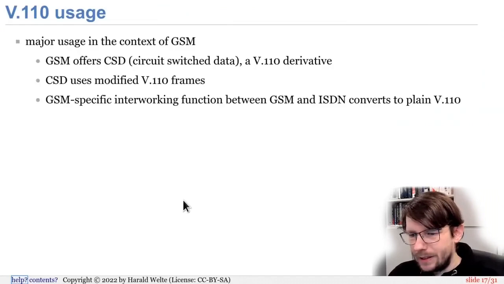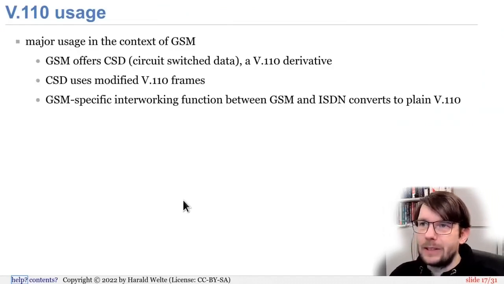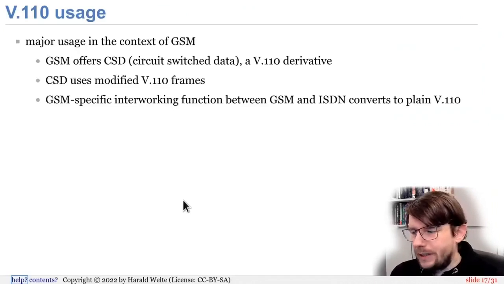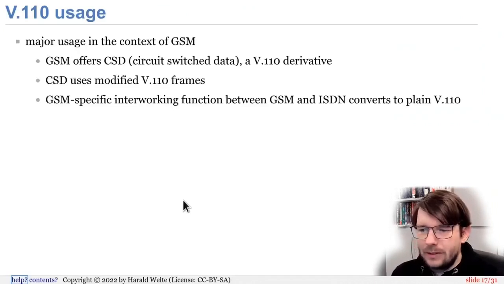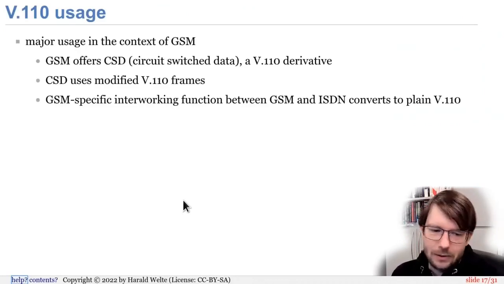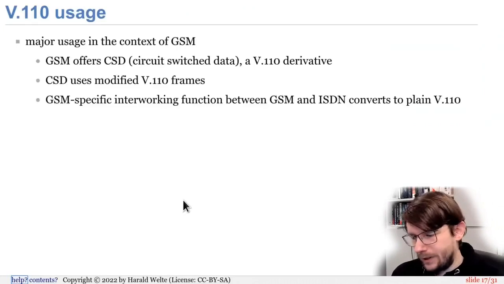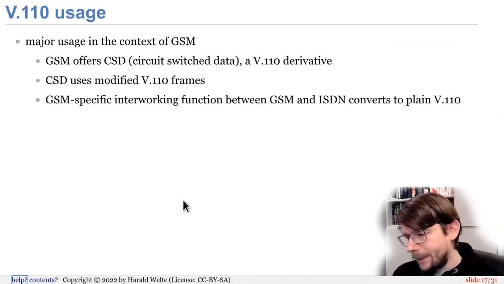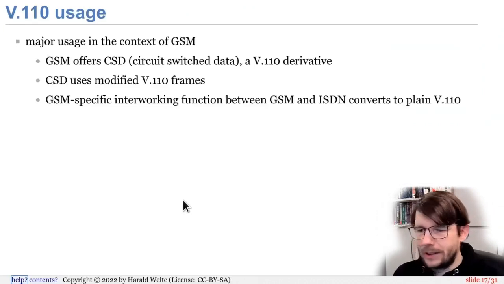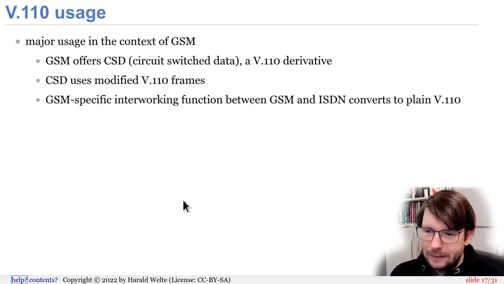GSM has this facility called circuit switched data, which is basically a V.110 derivative. So the V.110 frames are modified in some ways, and then the modified V.110 frames are sent over GSM radio channels with specific new circuit switched data specific convolutional coding and so on, and interleaving.